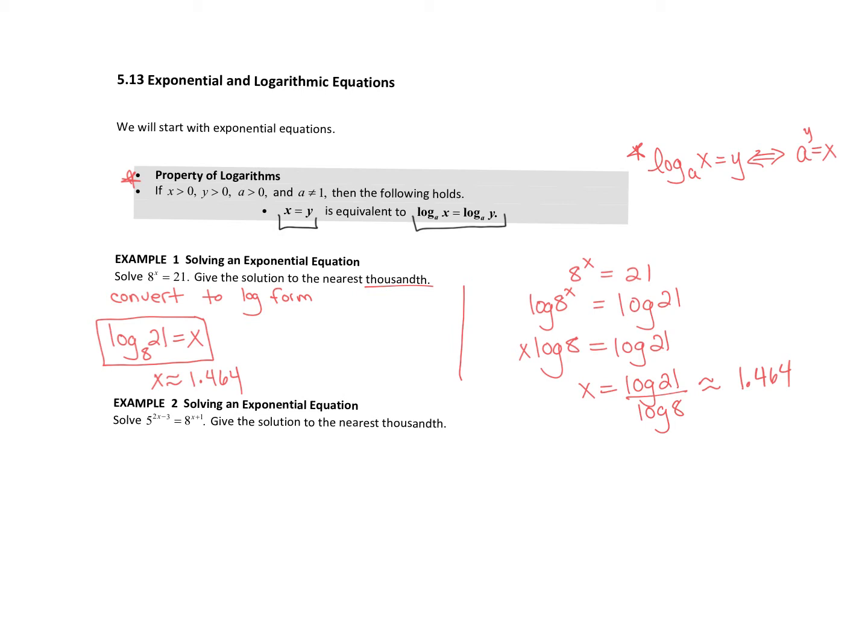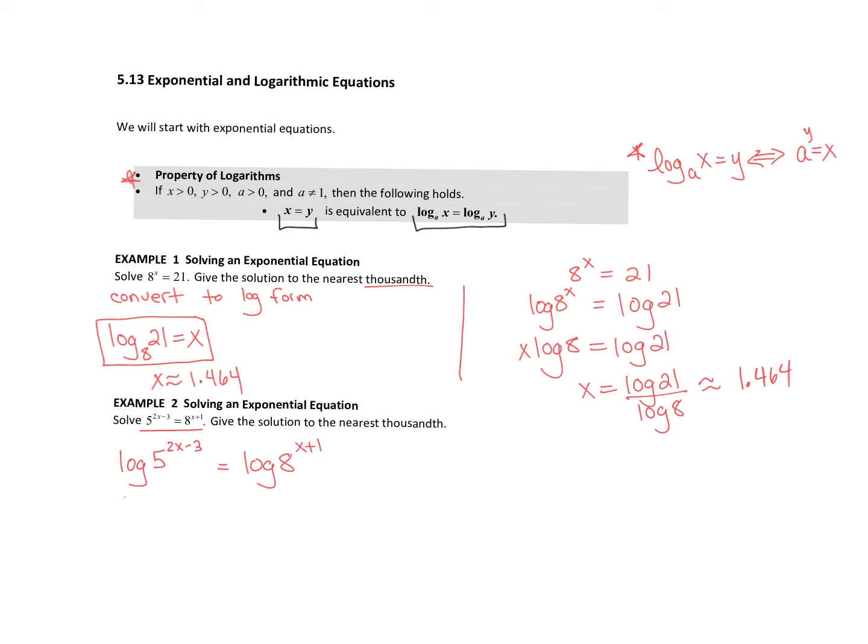Here's another example that's a little bit more involved. If we have two things that are equal, we can use this property and take the log of both sides. So I'm going to do log of 5 to the 2x minus 3 equals log of 8 to the x plus 1.